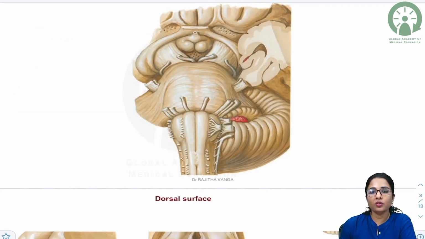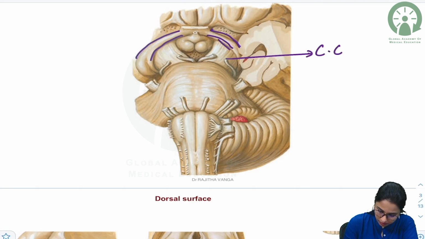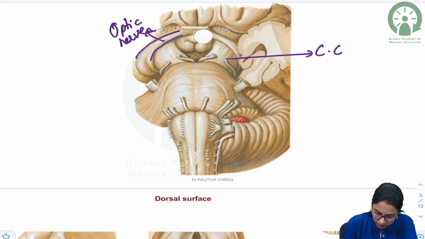So the features on the ventral side of the midbrain: we can see the crus cerebri here, and apart from that, the crus cerebri is crossed by the optic nerve. We can see the optic nerve. So it is crossed by the optic nerve.